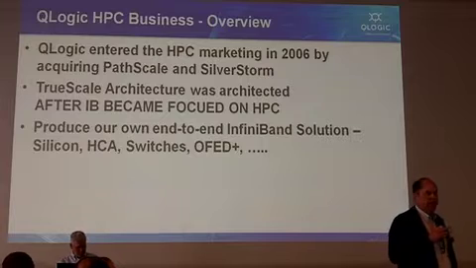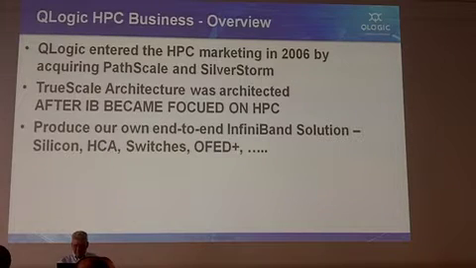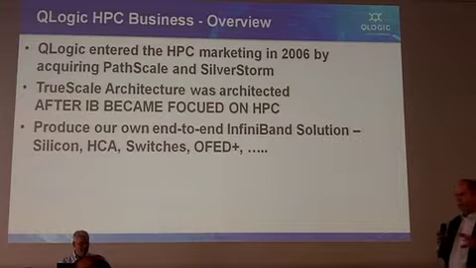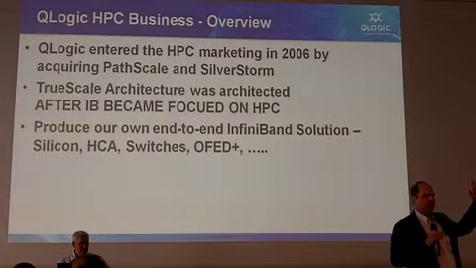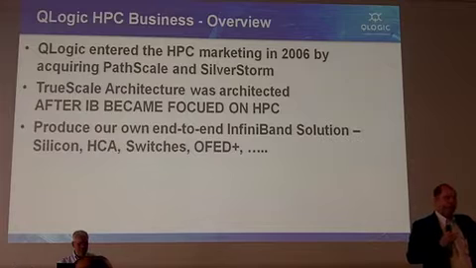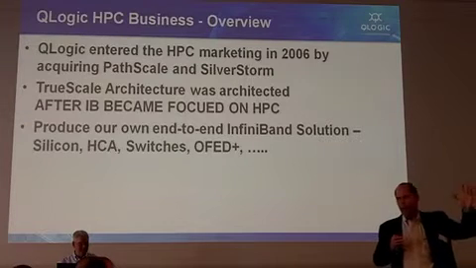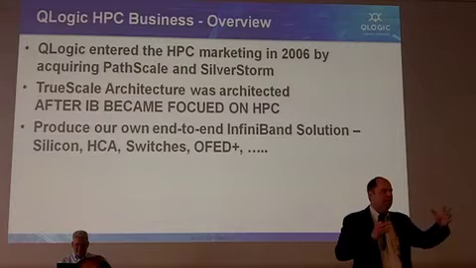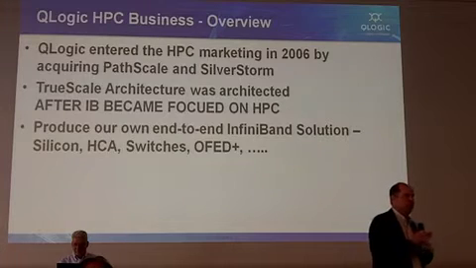So if you take a look at it, when InfiniBand was originally being spec'd, and if you go all the way back, who remembers NGIO and Future I/O and so forth? Okay, but you got to go back a long way. But that was the basis for what InfiniBand was supposed to be.